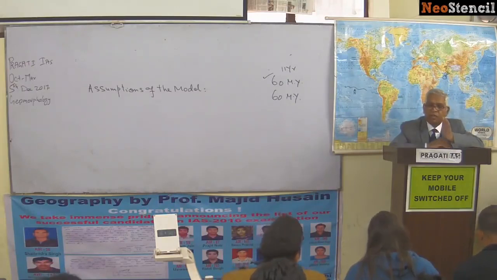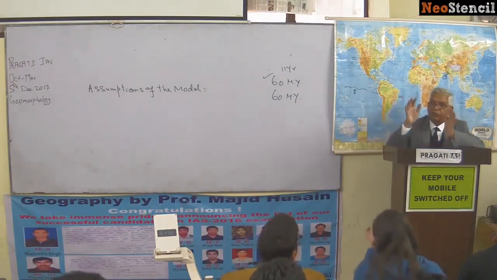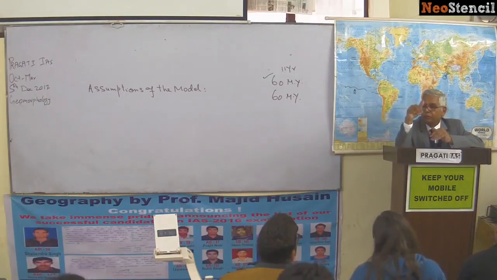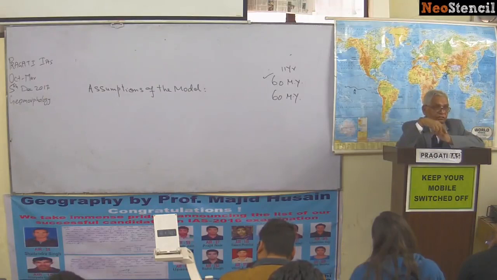I mean, he presumed that the upliftment of Himalaya is a short period. Short maybe 10 lakhs years or so. He assumed that upheaval is a short duration period, which goes against this theory, because Himalayas are still rising.